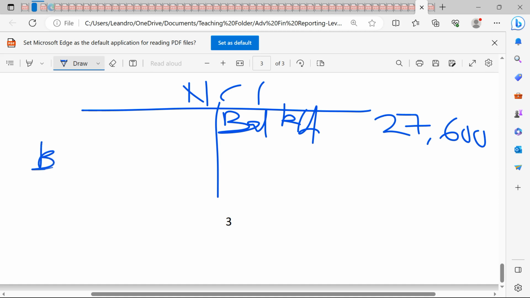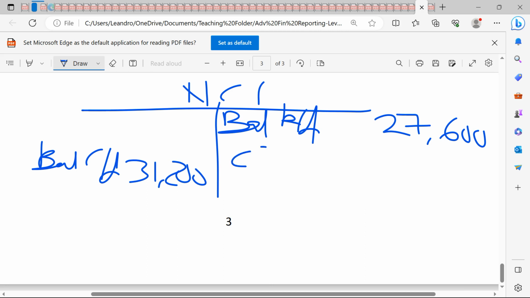Your balance carried down, which is the 2018 figure, is your 31,200. And then share of profit attributable to NCI.